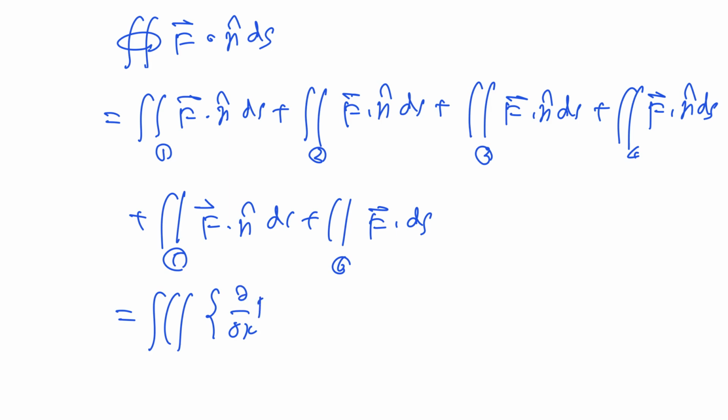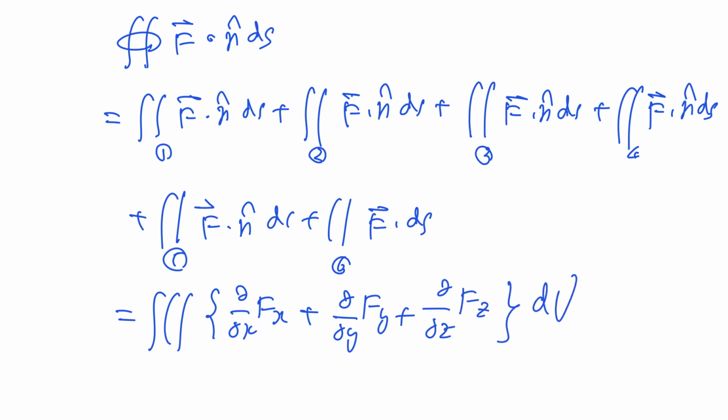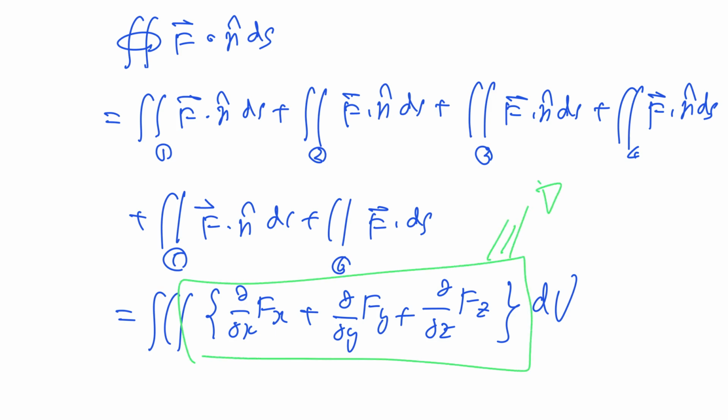Partial fx over partial x plus partial fy over partial y plus partial fz over partial z, dV, right? And this is what? Divergence of F, right? So we have another mathematical theorem called the divergence theorem or Gauss theorem, which is also very important.